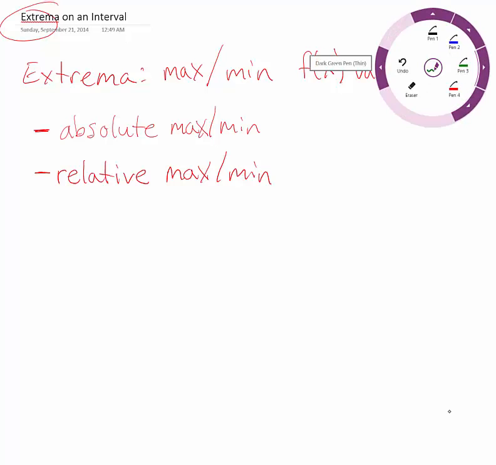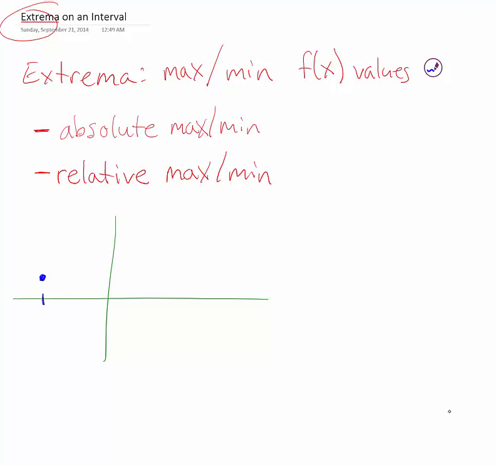So just graphically, a couple examples. If we had this interval, we're starting at some point A, where our interval starts, and we're ending at some point B. And our graph goes up, down, up. Actually, let's make this go a little bit higher.